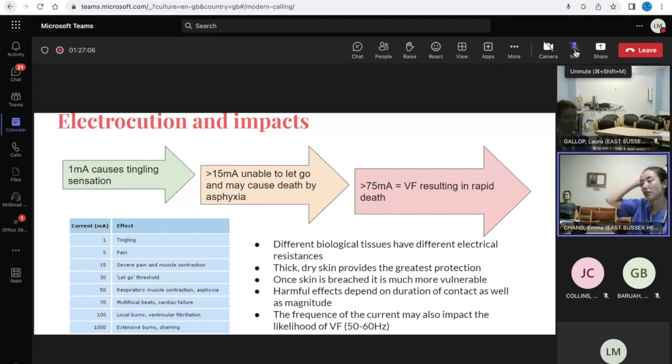Later on, I mentioned that when you're in the cath lab, for example, you are a lot more vulnerable because you've put a catheter right inside the heart, which is a lot more of a conducting material. The harmful effects also depend on the duration of contact as well as the magnitude. And the frequency of the current may also impact the likelihood of VF. 50 to 60 hertz is sort of the magic number for VF.